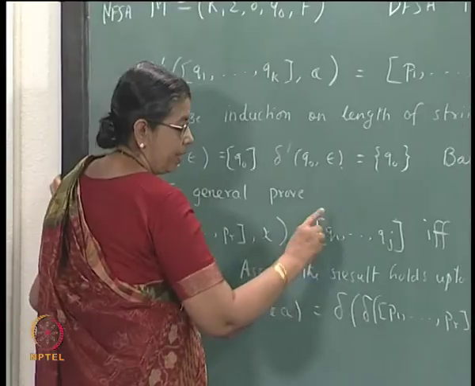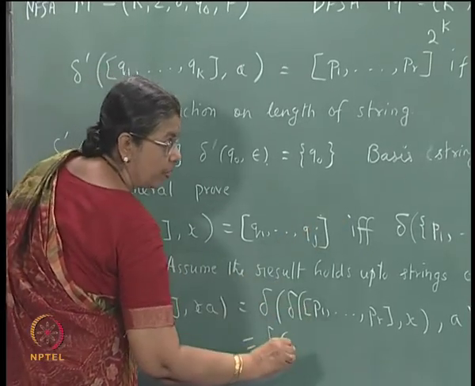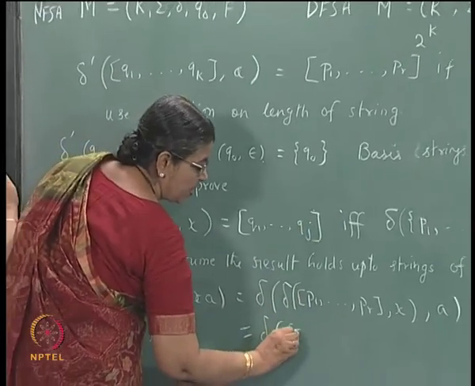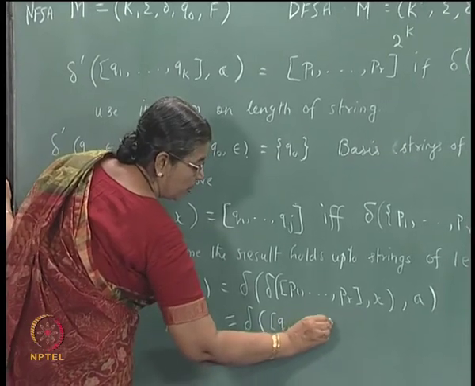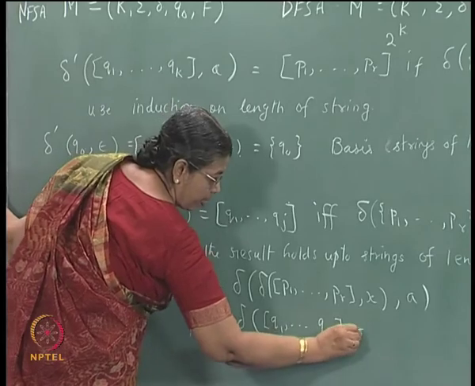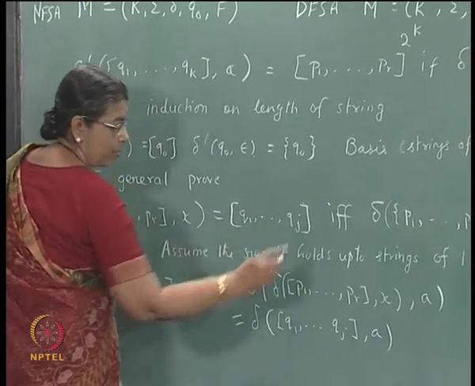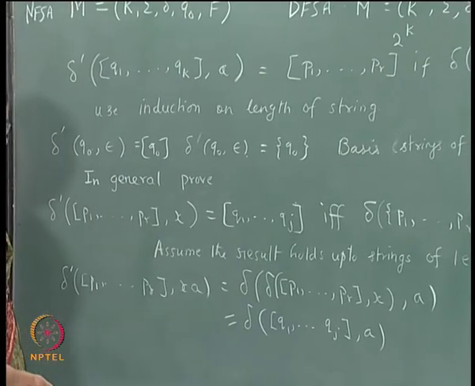But by this one, this is equal to Q1 Q2 Qj. Delta of P1 P2 PRX is Q1 Q2 Qj.